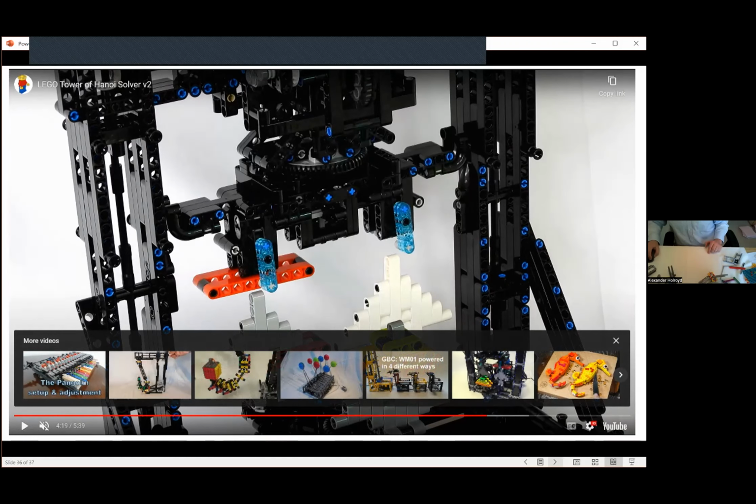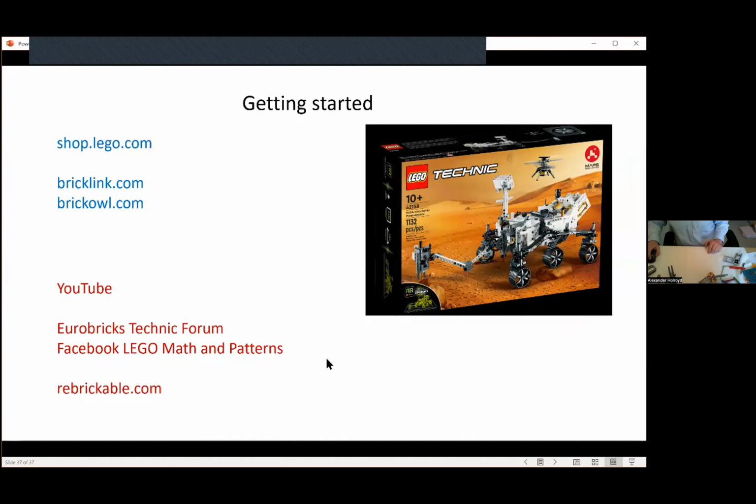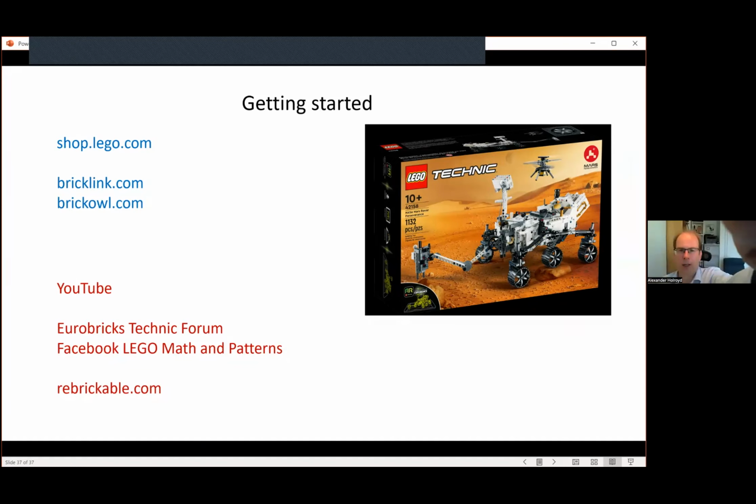And right, so how to get started with this? Honestly, the easiest way is to simply buy a Lego set. So you're looking for the word Technic. So Technic Lego set. You can buy them directly from Lego or various other places.